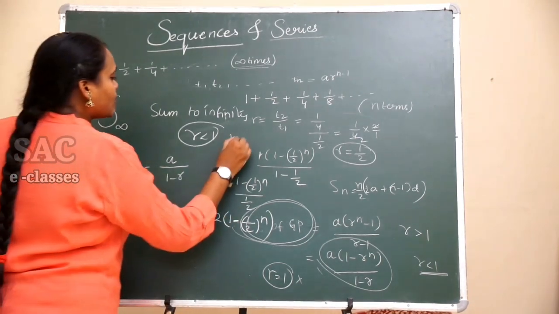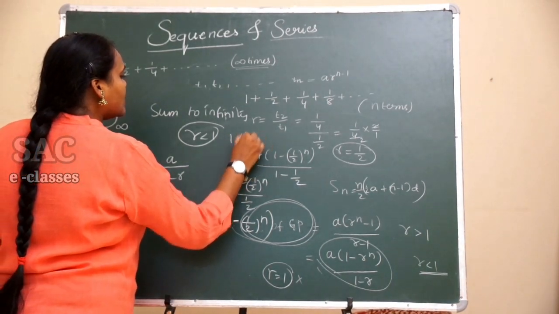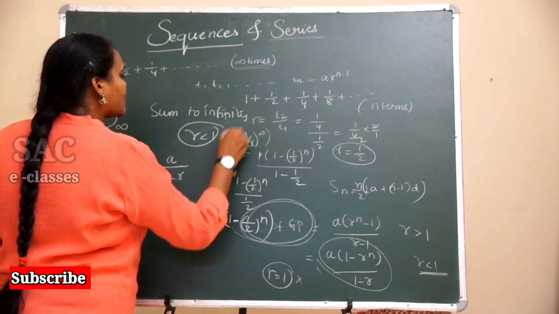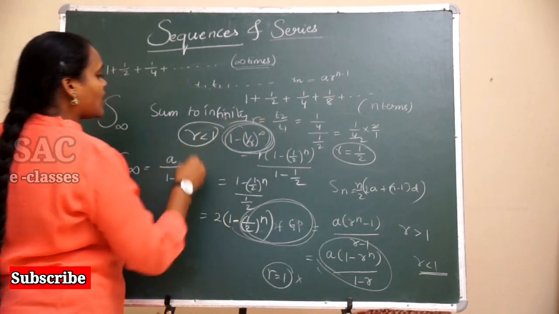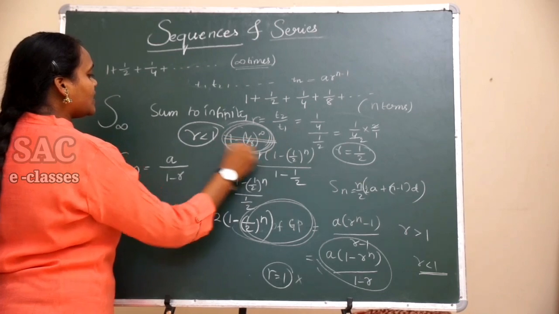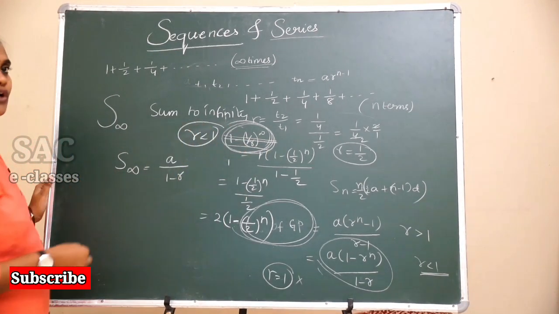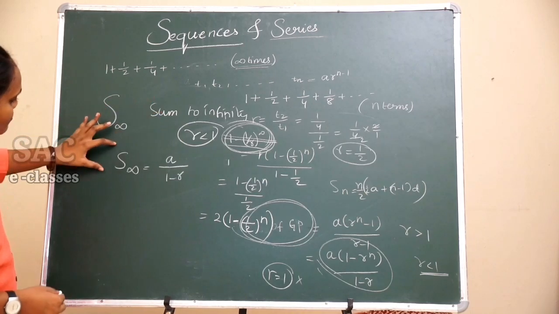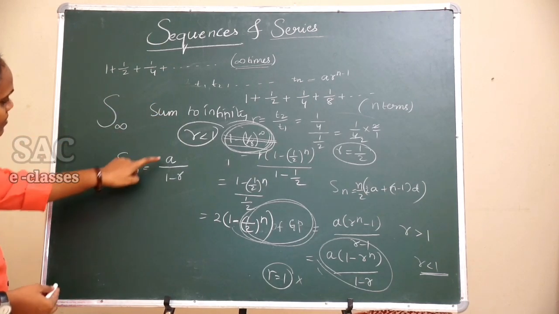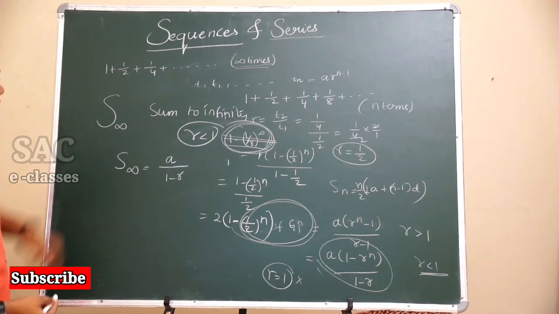Here 1 minus r whole power infinite number of times is very small, so it goes to nearly 1. That's why the sum to infinity formula is a by 1 minus r.